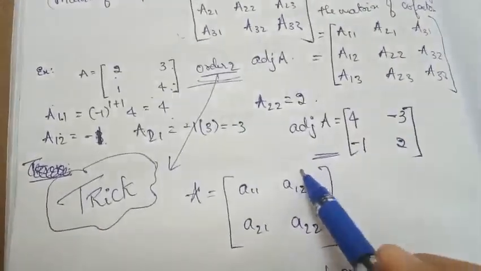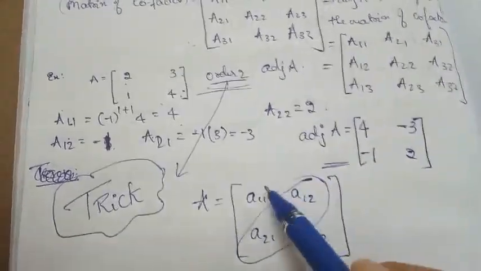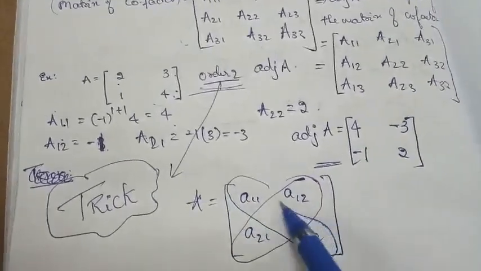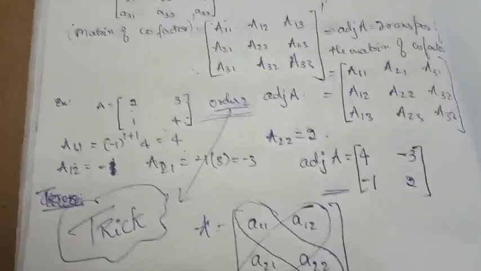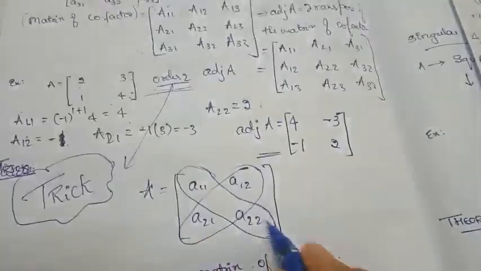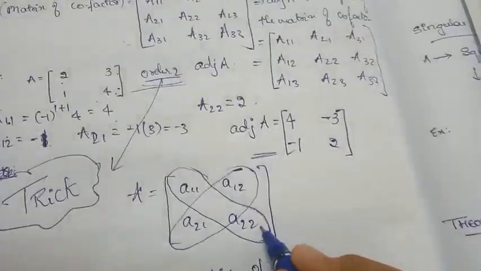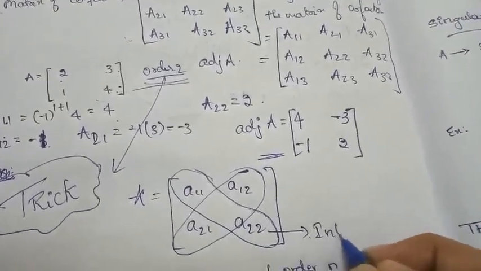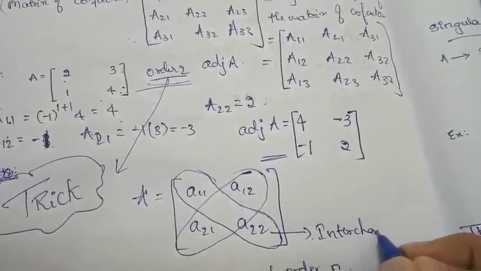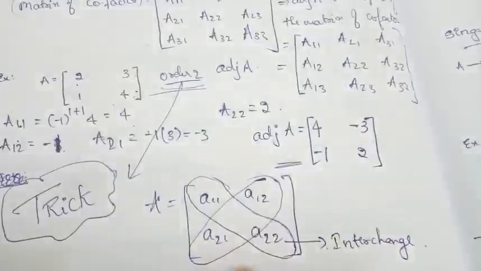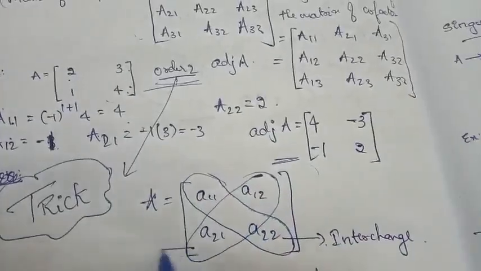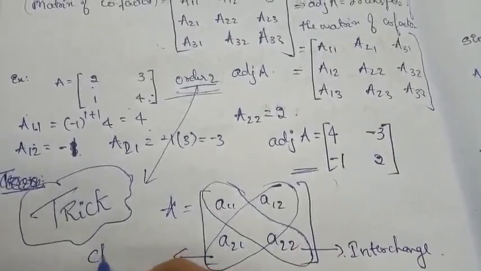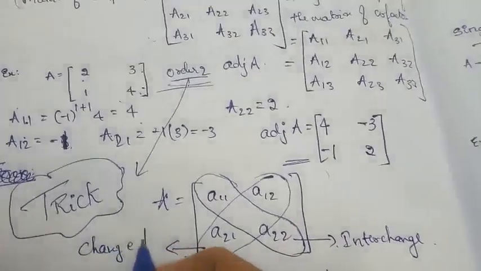Then I partition the elements into two diagonals in this manner. The diagonal elements a11, a22 we are going to interchange. For the other diagonal elements, we are going to change the sign.